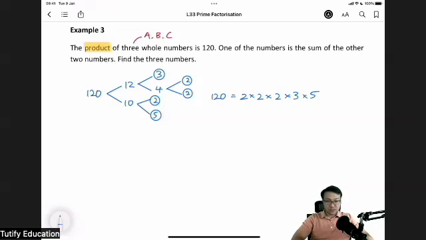So students, once we make a list of all the factors, we already know that we have 3 numbers. But guess what? You have a total of 5 factors here, right?